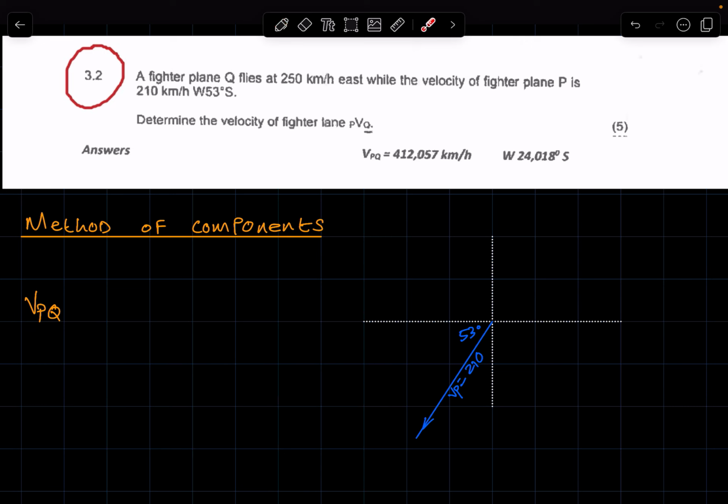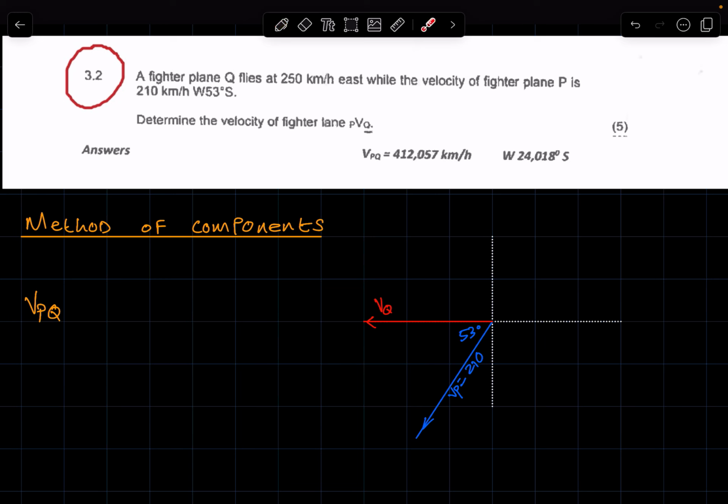Q is headed east, but because we've identified it as the frame of reference, we draw it in the opposite direction. Opposite of east is west. So it is headed in that direction, and this here is VQ.